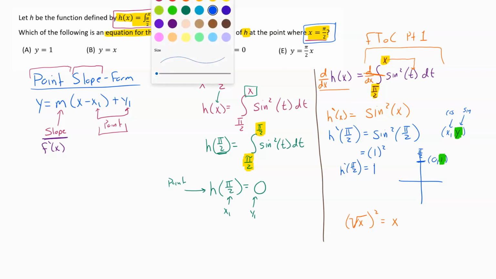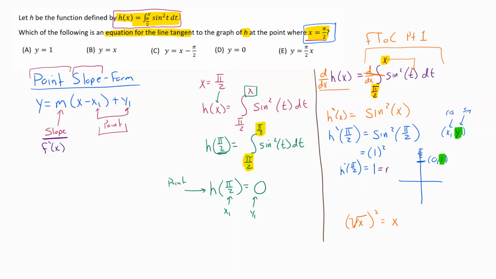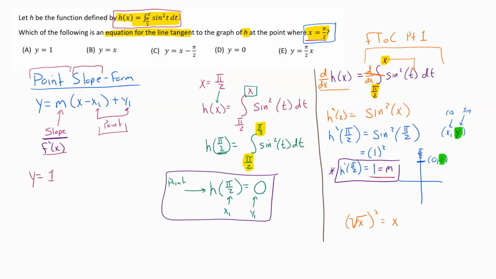And now we have the last missing piece of our puzzle. We have our m, we have our slope. So we grab everything we need: our point that we got from part 1, our slope that we got from part 2, and we plug everybody back into our point slope formula. So we get y equals m, which is our derivative value, which was 1, times x minus x1.